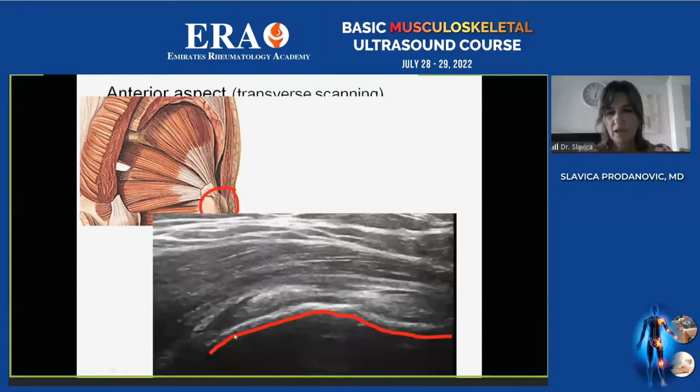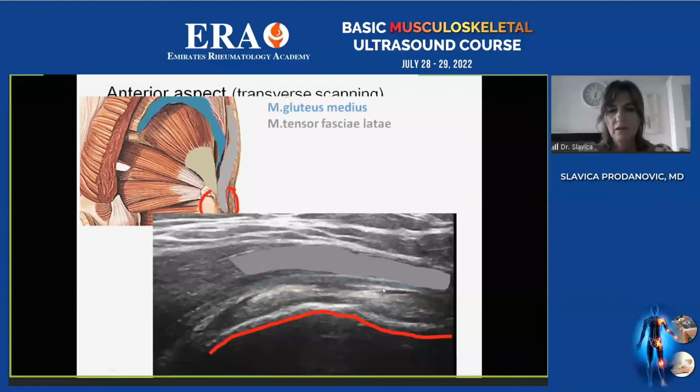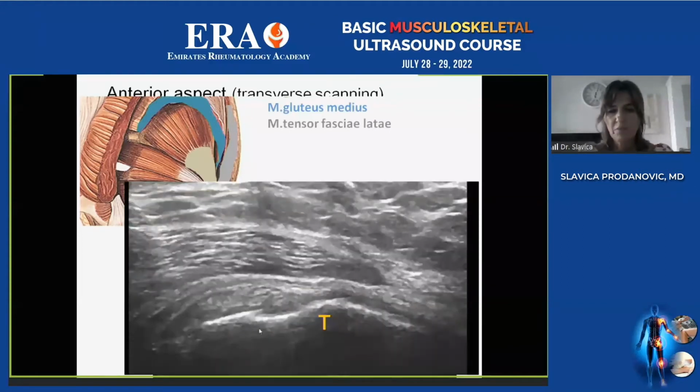This hyperechoic line belongs to the greater trochanter. The first hyperechoic band over this bony surface belongs to the gluteus minimus tendon. Then the upper part belongs to the gluteus medius tendon, and on the top we have the biggest tendon, which belongs to the iliotibial band, actually the tensor fasciae latae tendon. So this is a normal appearance in longitudinal view of the greater trochanter.